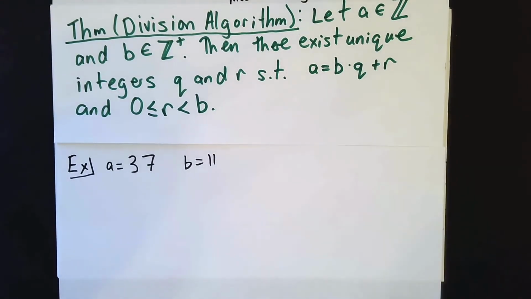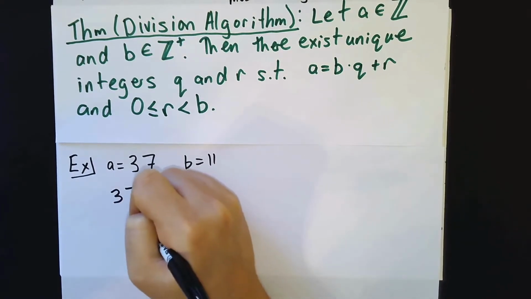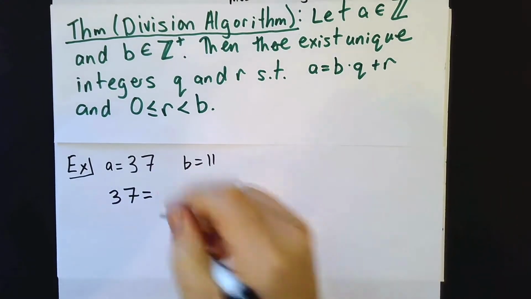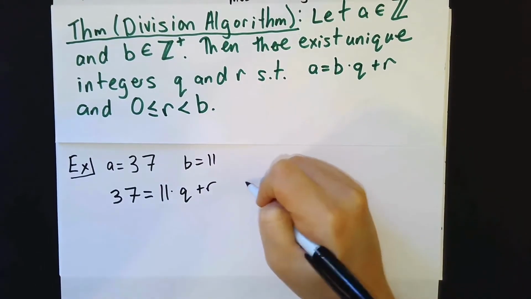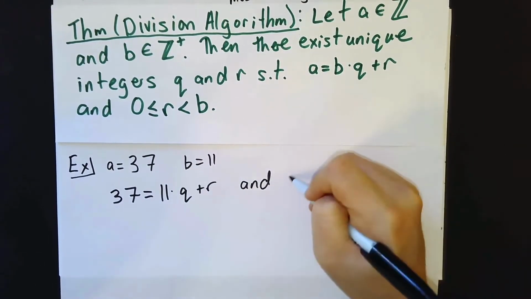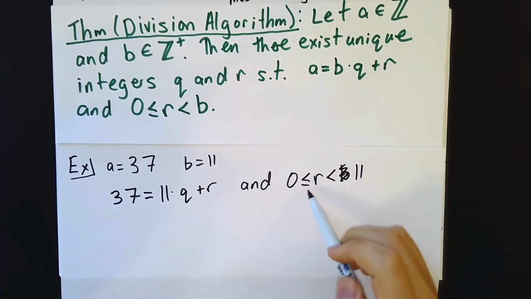Okay, now there's supposed to exist q and r that satisfy this. So 37 is supposed to be equal to 11 times q plus r, and I'm supposed to have 0 is less than or equal to r is less than 11.